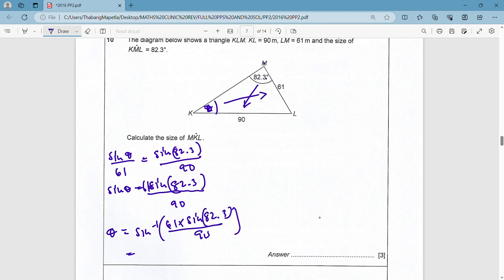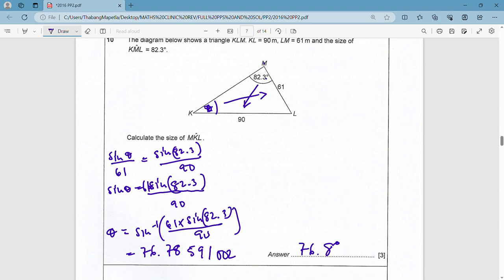That gives 76.785. Then rounding it off to 1 decimal place. That's what they say on the cover of the page. They say that if it is an angle, you round it to 1 decimal place. So therefore it's going to be 76.8 degrees. Let me see if I did well.